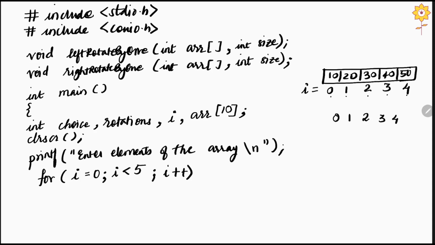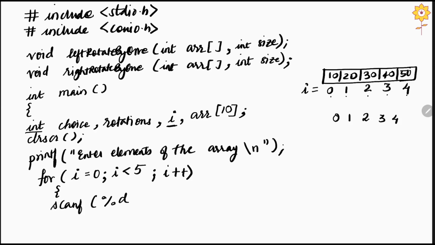Inside the for loop we will write scanf, which will take the inputs from the user. Since i is an integer, the iterator was declared here. What is the data type? int. So, the format specifier for integer is %d.